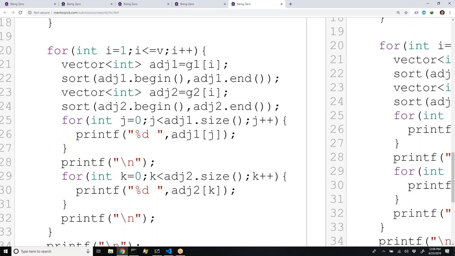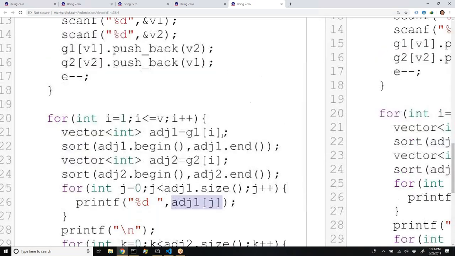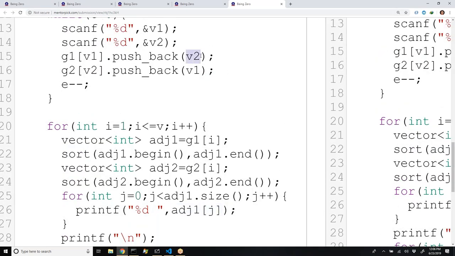And after sorting also, you don't have to print those values, the values of the vertices. We are not expecting vertices to be printed. We are expecting count to be printed.